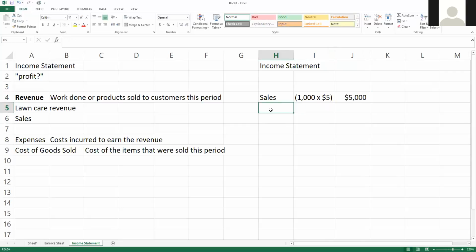Well, we had to buy those products before we could sell them to somebody else. So I'm going to abbreviate cost of goods sold, coming right from here: the cost of the items we sold. We sold 1,000 products, but hopefully they didn't cost us $5 when we bought them, or we wouldn't make any profit on them. So I'm going to say they cost us $2 when we bought them. We marked them up and sold them for $5.